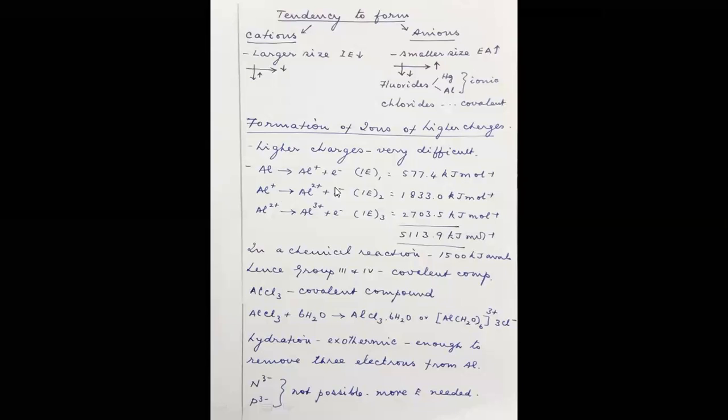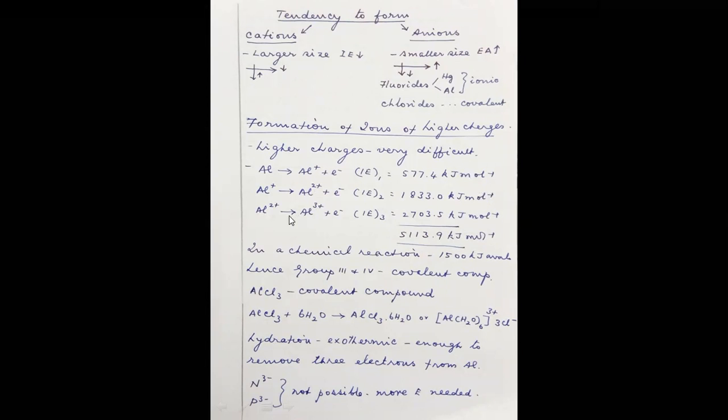So removal of an electron from a cation is comparatively difficult. Removing an electron from Al plus to form Al2 plus, the second ionization energy is almost triple the first one, 1833.0 kilojoule per mole.